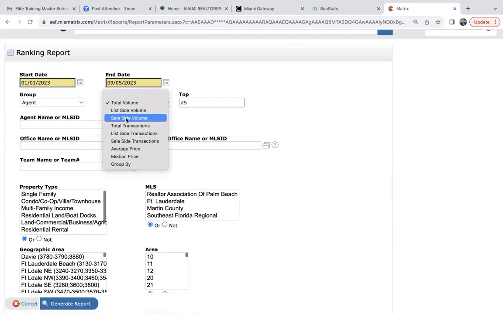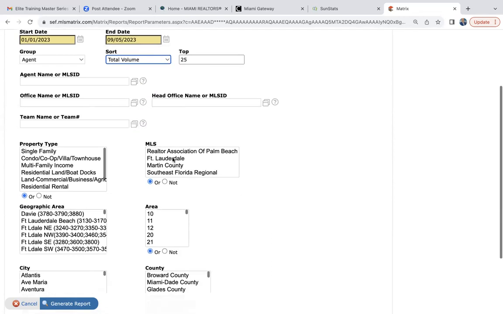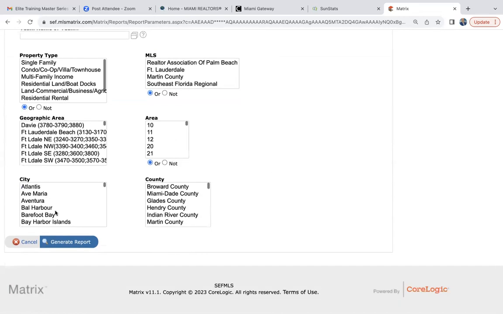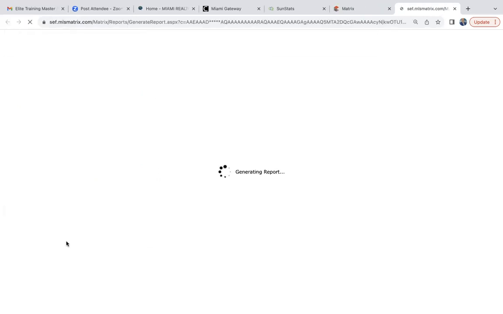You can do list side or sales side. We're going to go total volume and show me the top 25 in the city of Miami Beach, and then click on generate report. You're going to see the top 25 ranking agents in the city of Miami Beach with their total volume of production on this report.